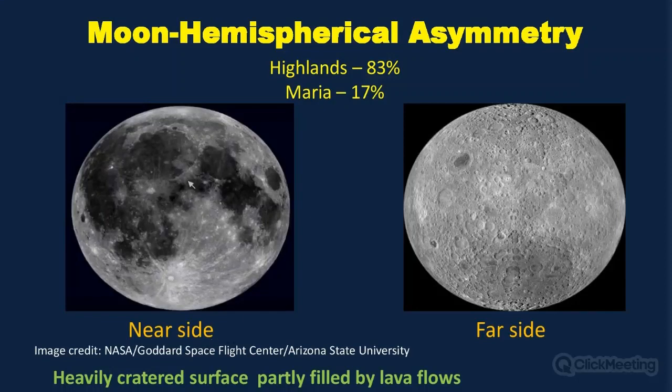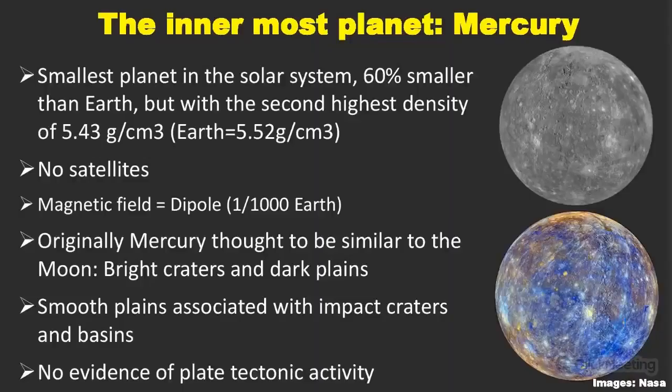Overall, the Moon is dominated by highlands of about 83%, and mare regions are mainly confined to the near side, which is basically 17% of the overall surface. So there is a dichotomy which has to be again understood in detail.